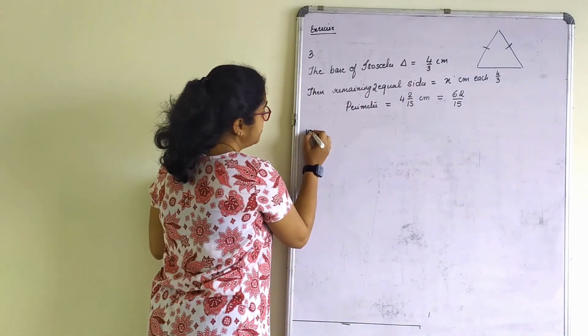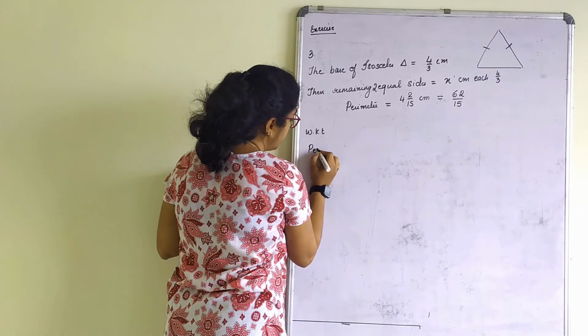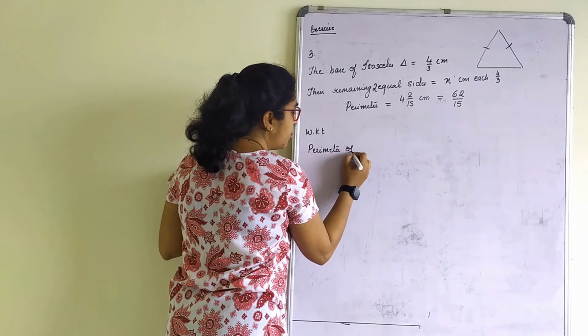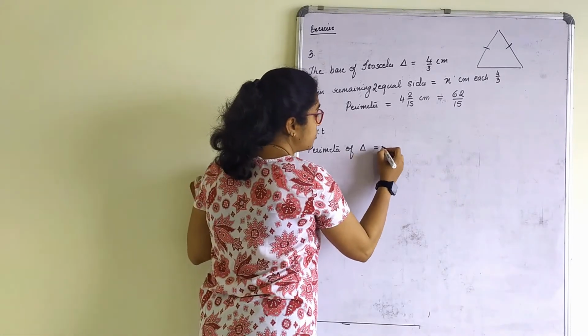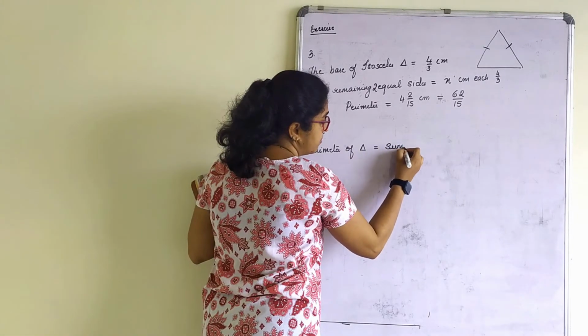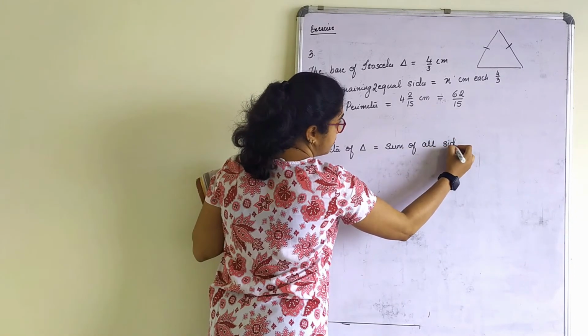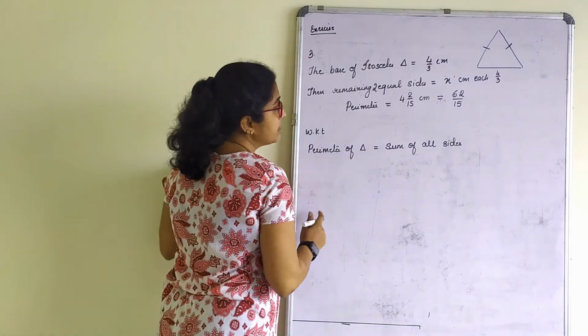We know that perimeter of a triangle, of any triangle, is equal to the sum of all sides. So now since it's an isosceles triangle, what is the perimeter given?